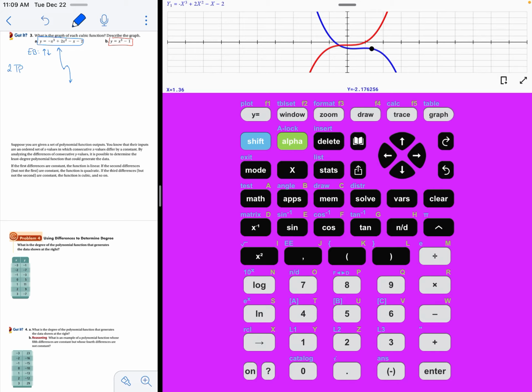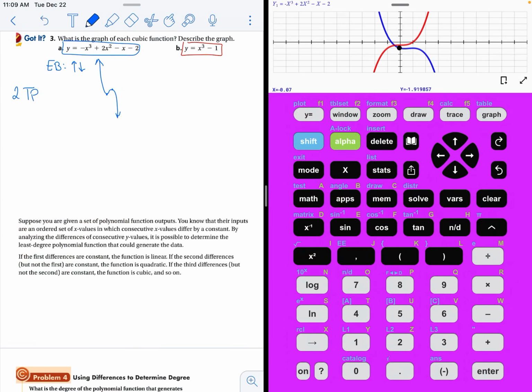So you're going to hit the trace button, and we are on the blue line. There's no other way to do this than to approximate. We are going to move along the line until we see the y value.